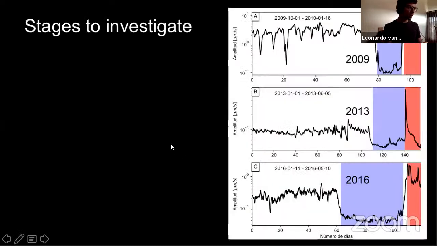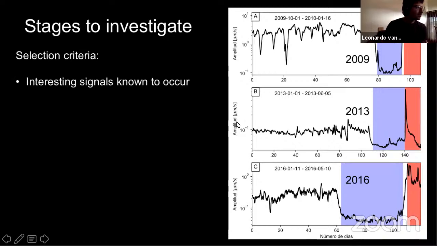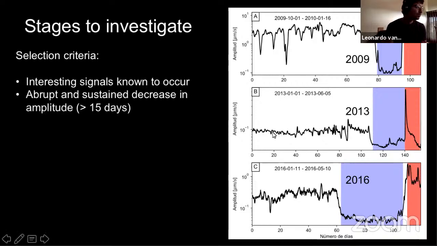So the idea of this work is to investigate these three moments, these three stages in 2009, 13, and 16. We selected these because we knew that there were some interesting signals that occurred in those moments, and also we selected only those that had an abrupt and sustained decrease.